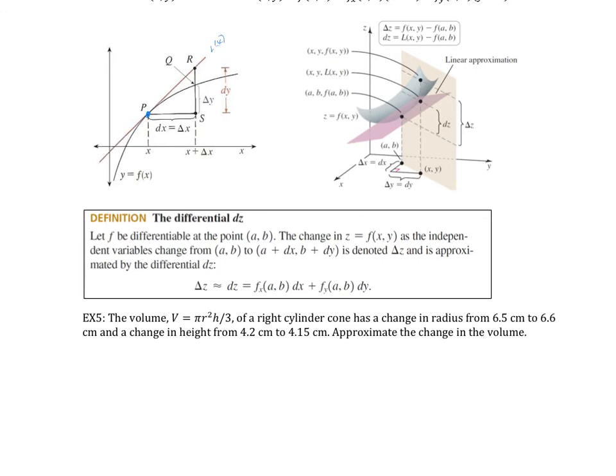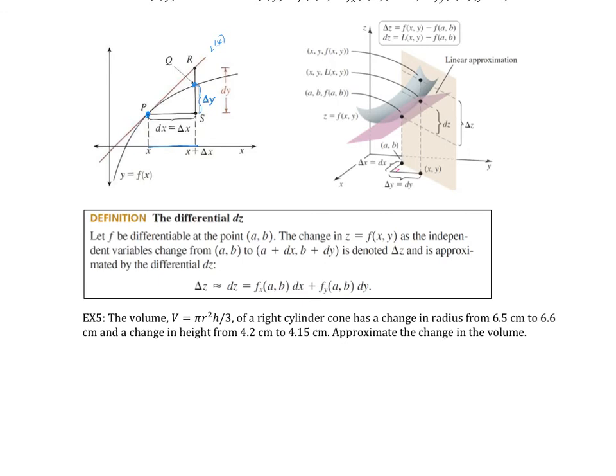If we go some distance, delta x, then we're going from x to x plus delta x. That point corresponds to this point Q on our curve. So the change in our y values from x to x plus delta x is delta y.